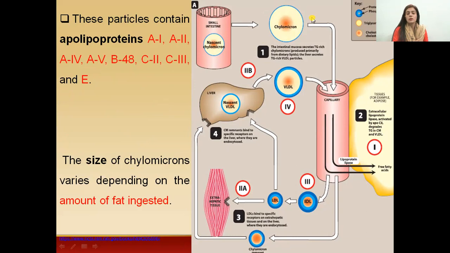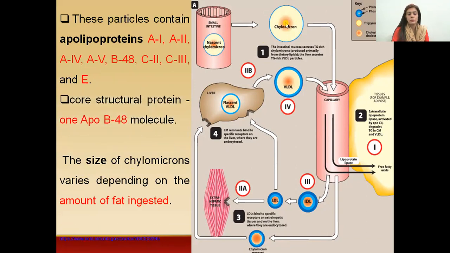Now, the size of this chylomicron will actually depend on the diet. If a larger amount of fat has been ingested, then the size of this chylomicron will definitely be larger, because now it will contain more triglyceride and more cholesterol.